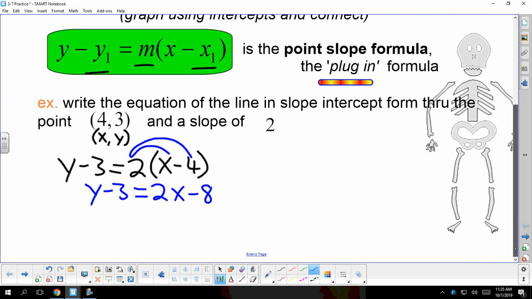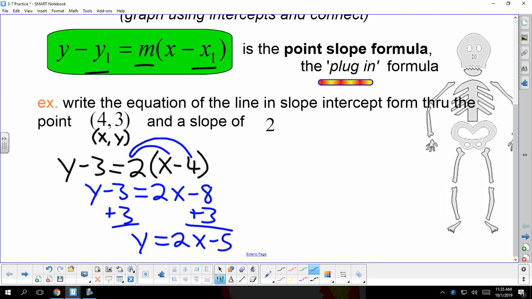And then I need to go ahead and move that 3 over. So y equals 2x minus 5. All right. So there's our point slope form, and there's my slope intercept form. I could put it in standard form. I'm not going to do that right here.